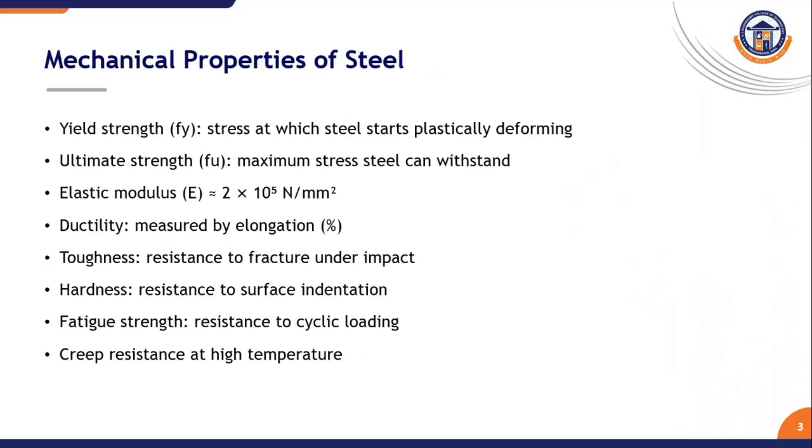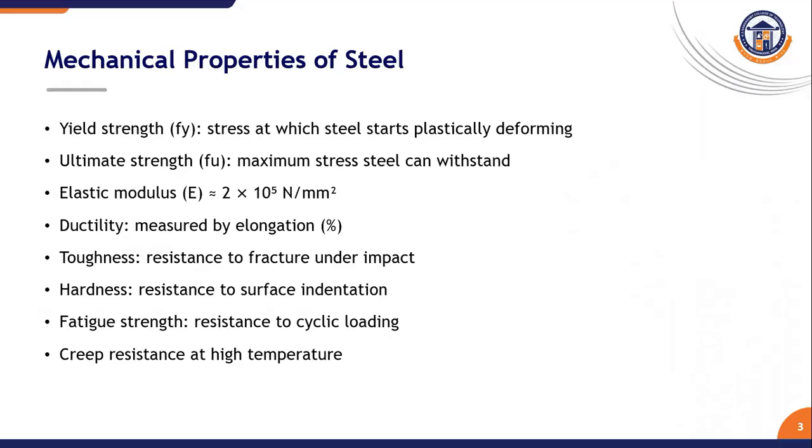Mechanical properties of steel. Now let us understand the mechanical properties of steel. The yield strength, denoted by Fy, is the stress at which steel starts deforming plastically. Beyond this point, permanent deformation occurs. The ultimate strength Fu represents the maximum stress steel can withstand before failure.